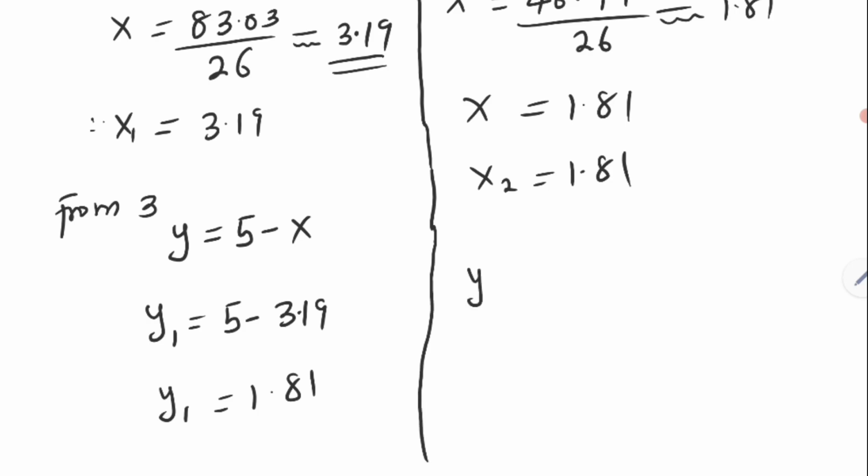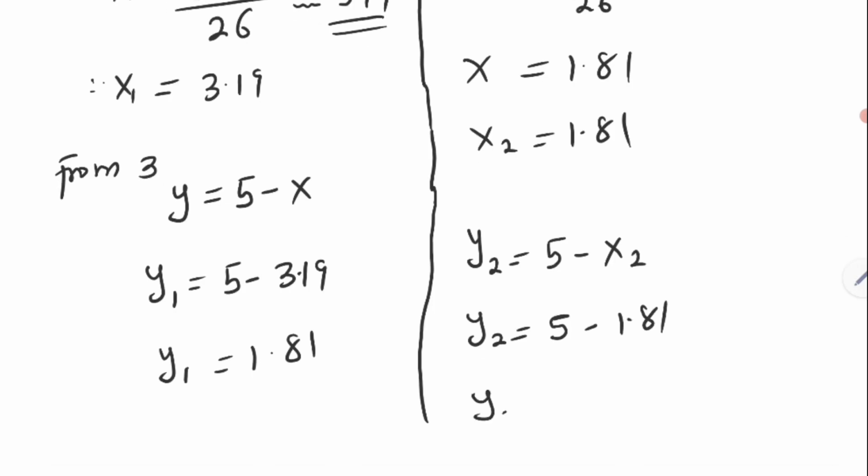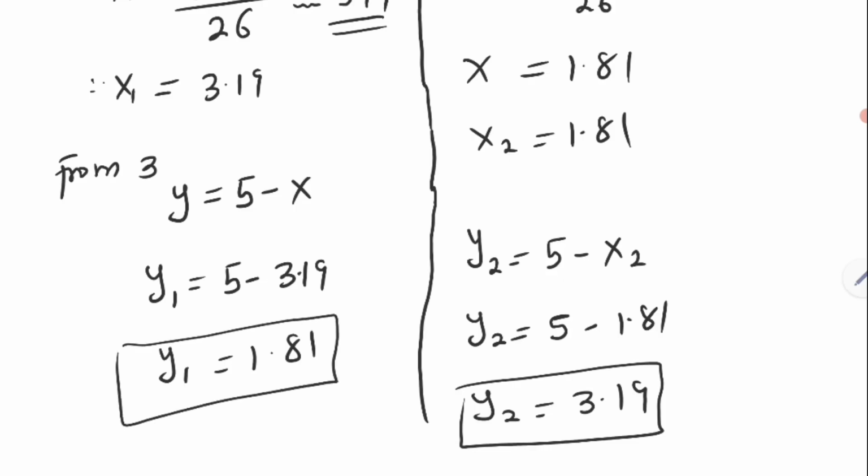Also, Y2 is equal to 5 minus S2. Y2 is equal to 5 minus S2, which is 1.81. Y2 is equal to 3.19. This is the value of Y2. And this is the value of Y1.